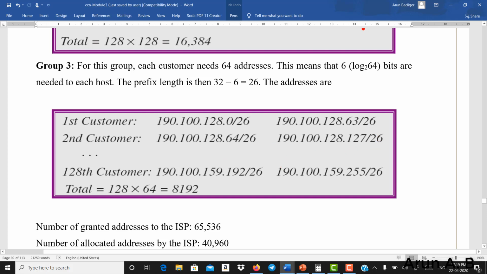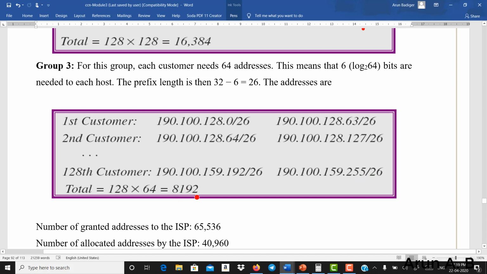So as we can see, a single block can fit 4 customers. Therefore, we divide the total number of customers, 128, by how many each block can fit, that is 4, which gives me 32. For this 128, when I add 32, I get 160, and subtracting 1, I get 159. The fourth range, that is 192 to 255, will be the IP address assigned.